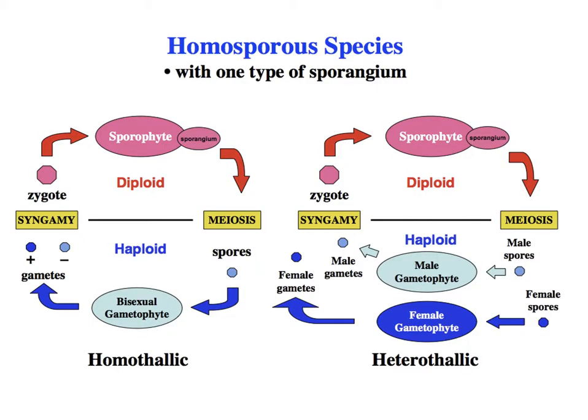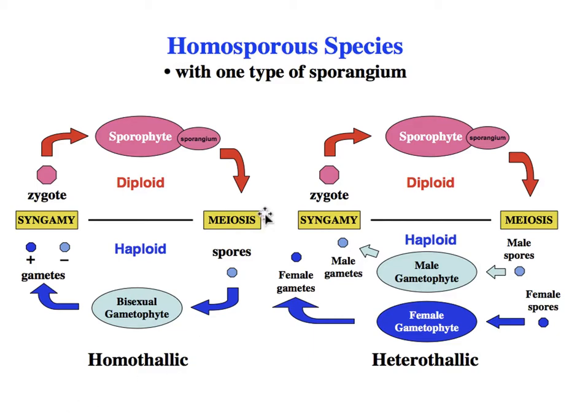So homosporous species are often referred to as species with one type of spore, but that's not truly accurate. It's more accurate to say that it's one type of sporangium, because you can see there are two types of life strategies. There's a homothallic and a heterothallic, and the root word thallus means body.